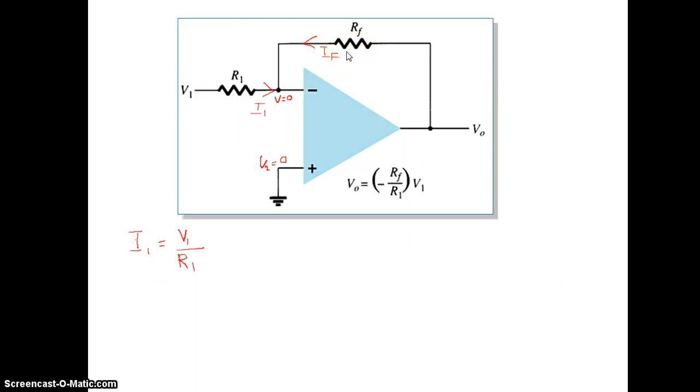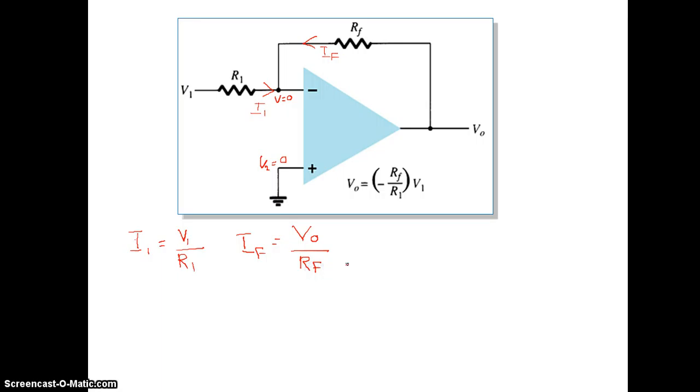IF means the output voltage minus this voltage, the voltage in this loop, divided by RF. So I can write IF is equal to V out divided by RF.